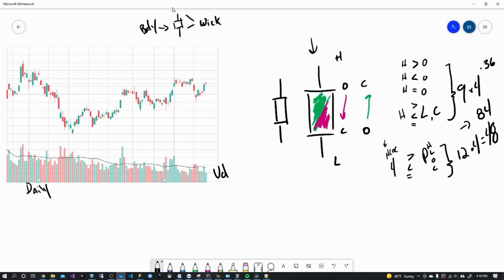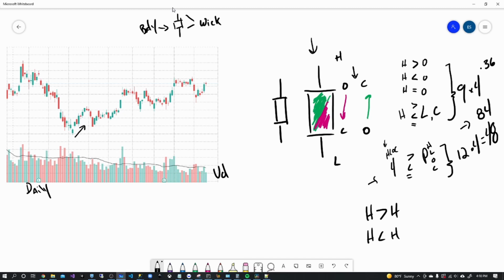Open over close, close over open will tell us if it's a red or green candle, so we don't need to worry about that. But then we have to think about comparing the previous candlestick and saying, hey, how many times do we have a high over high or a high under high?